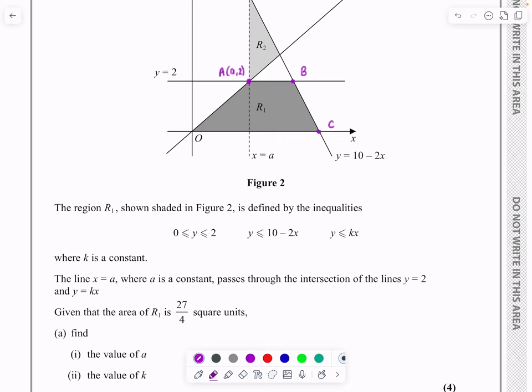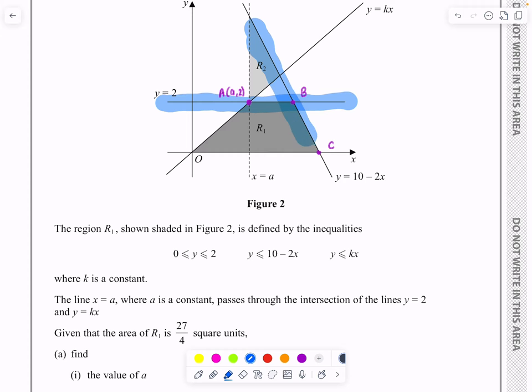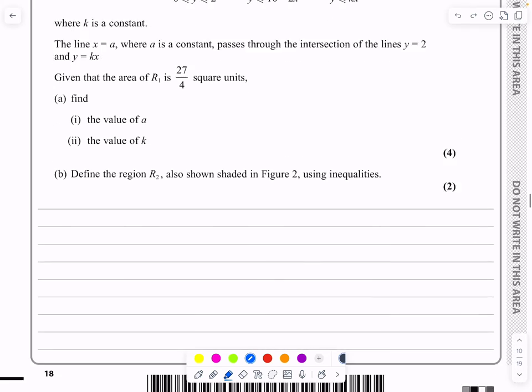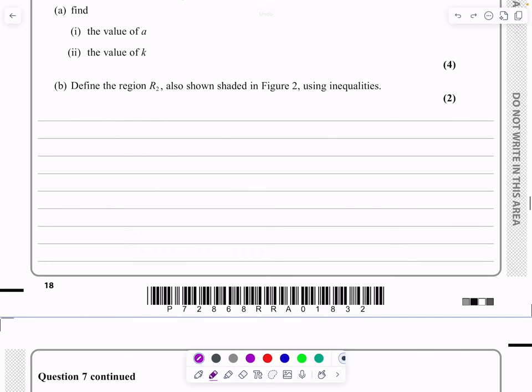So point B, this point here, is simply going to be the intersection of this line here, which is y equals 2, and this line here, which is y equals 10 minus 2x. So if 2 lines are intersecting, I'm just going to put them equal to each other. So let's do that. I'm just going to be trying to explain to the examiner. For B, that's going to be where the lines y equals 2 and y equals 10 minus 2x intersect.